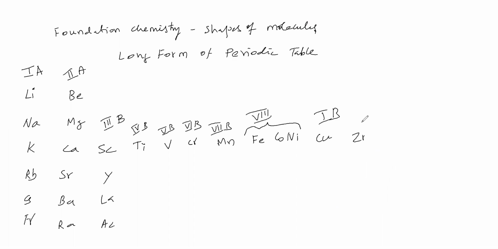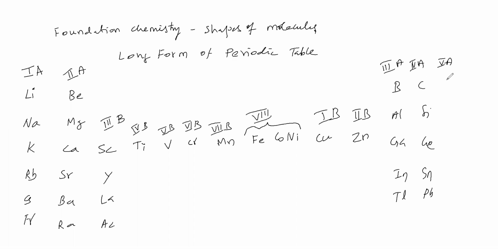Next one is zinc. It is 2B. Next boron is 3A: boron, aluminium, gallium, indium, thallium. Next carbon, silicon, germanium, tin, lead is 4A.